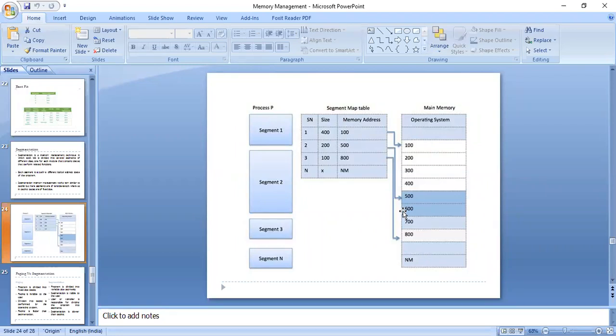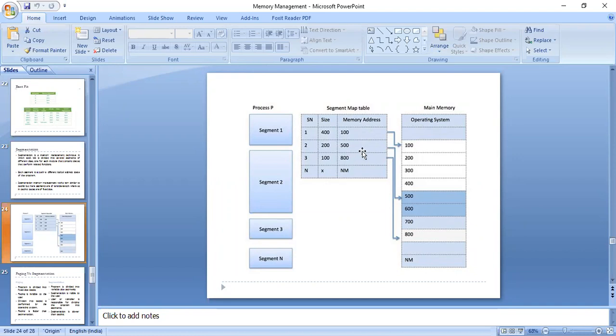And for that we are maintaining a segment map table, under which we are maintaining the segment number, its size, and the memory address to which the segment is being mapped. So the first segment here is of 400 size, which is mapped to location 100 in the main memory.